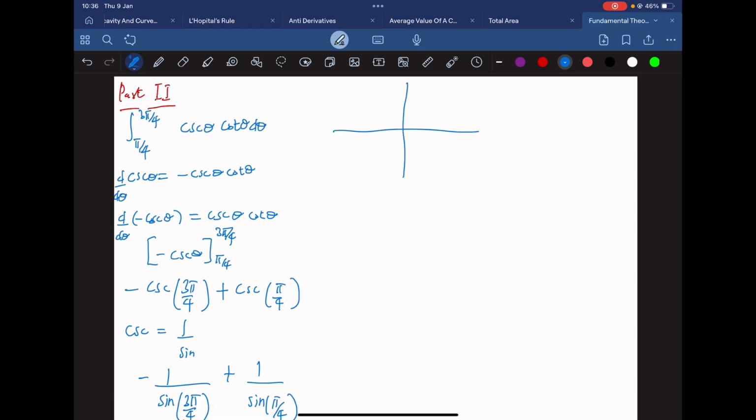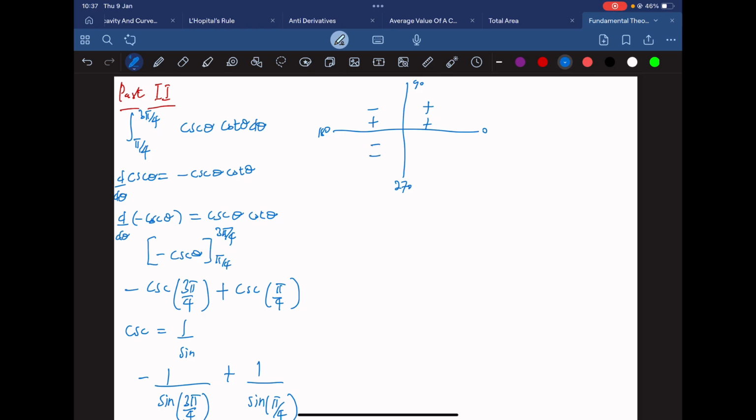So we have this is 0, this is 90, this is 180, this is 270, and cos and sine are always positive in the first quadrant. Cos is negative in the second, but sine is positive. They are all negative in the third quadrant.